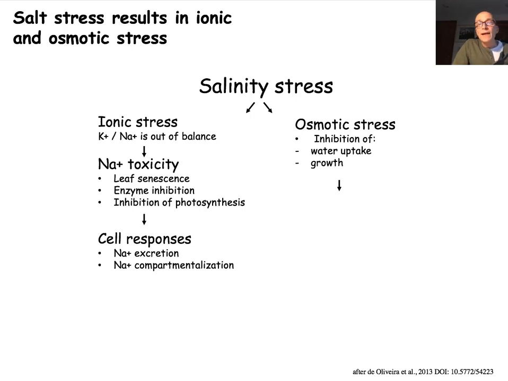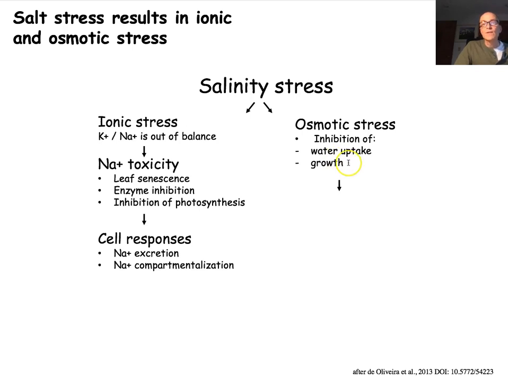So if you have high concentrations of salts in the soil, and we talked about that in the previous lectures, then that will result in an inhibition of water uptake, right? It's more difficult for the plant to bring water into the plant because the water potential in the soil might approximate the same water potential in the plant.